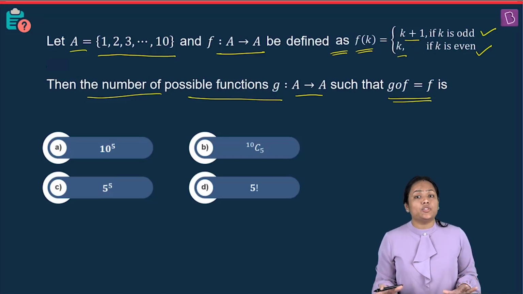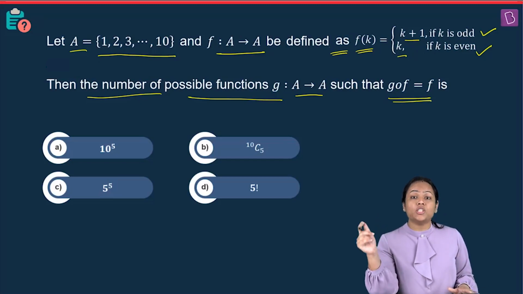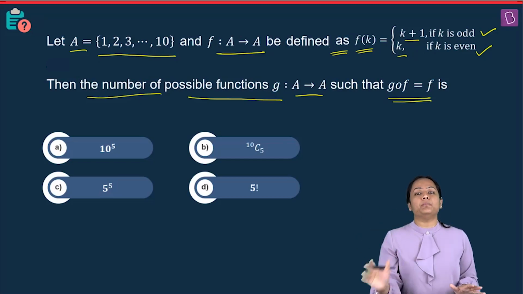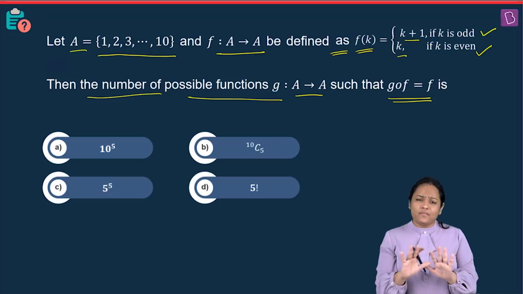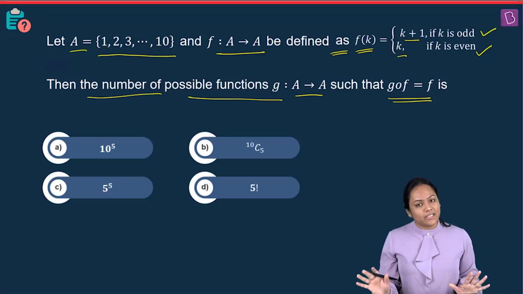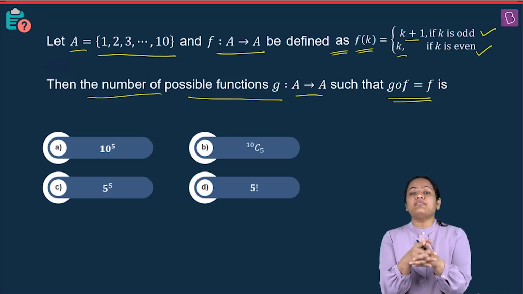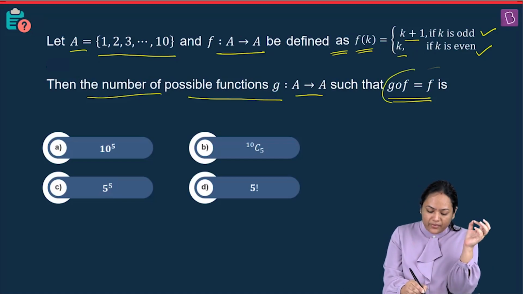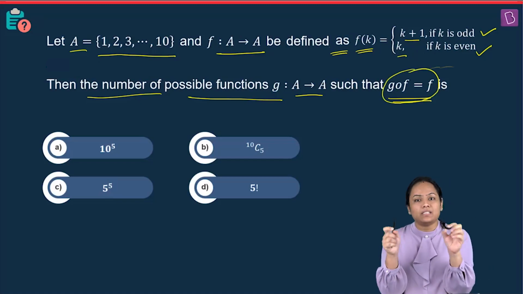This is obviously a question of composite functions, but a bit of permutation and combination is included, which is not that difficult. Clear? Okay, so I have to find g of f of x equal to f of x. That is the condition.